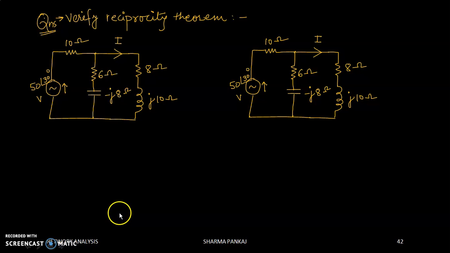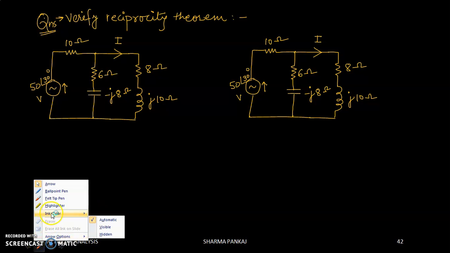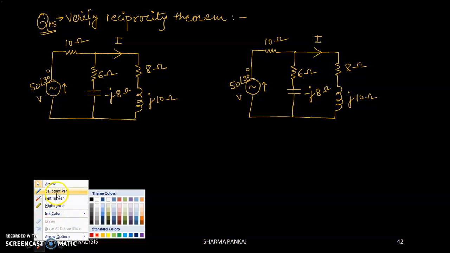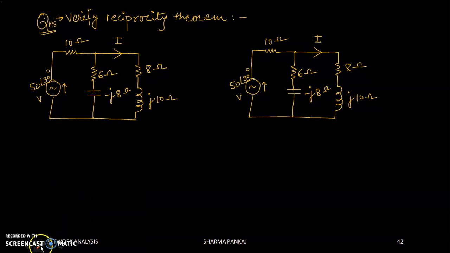The statement of the reciprocity theorem states that in any active linear bilateral single source network, and our question contains only a single source, so it is a valid question.